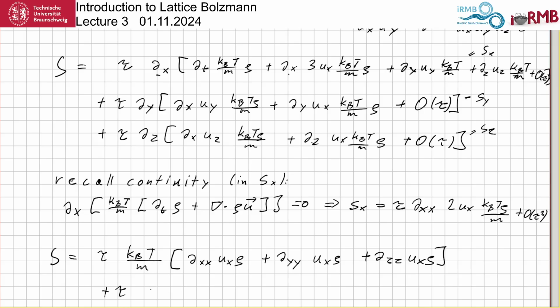They have a tau in front, K Boltzmann T over m. Because I pulled out only one of them, I have to leave the other one again, and write all the other missing parts. So this is dxy uy rho plus dxz rho. And you see there is a divergence in this again. The rest of this is of order tau square.